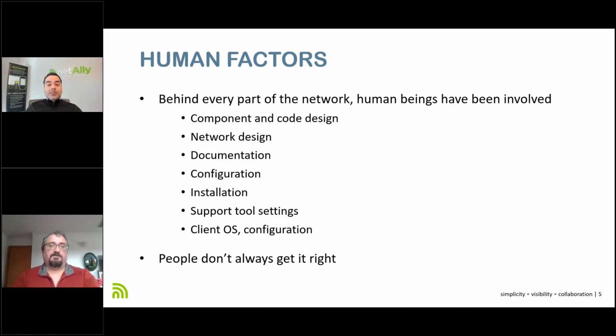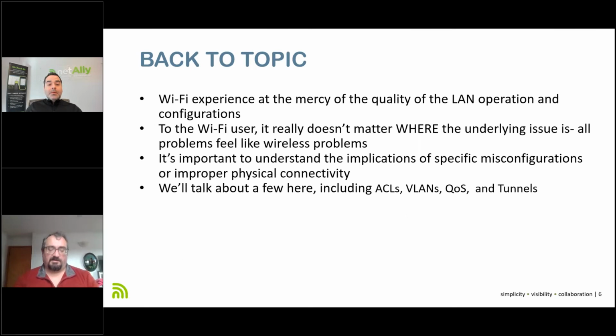And then to move forward, back to the actual topic that we promised. It's probably already been conversationally established here, right? The wireless experience is very much at the mercy of how good your underlying LAN is, both the topology and the configurations.